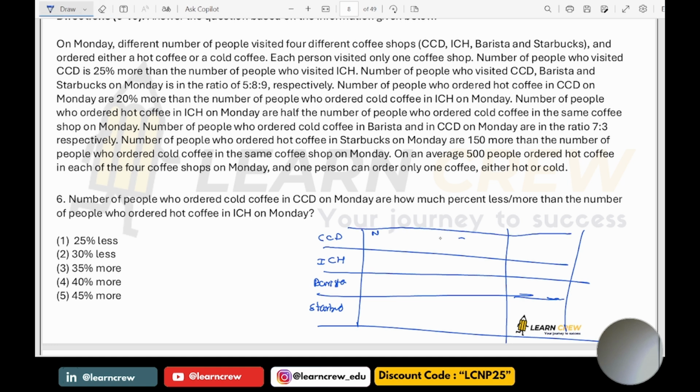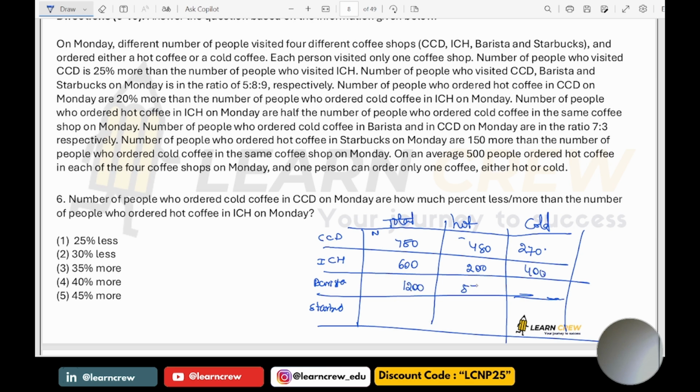This is total number, total visited, hot and cold, right? So this is 750 I got after the entire working. Then this is 480, this is 270. And ICH total is 600. It would be 200, it would be 400. And barista, it is 1200.